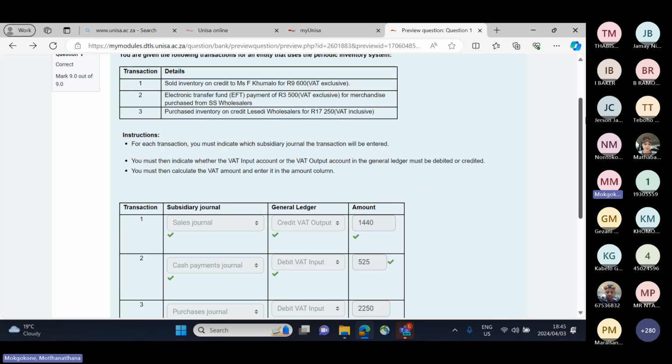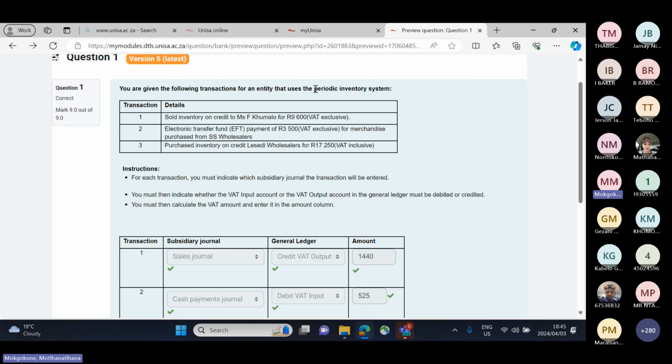Here the business is using the periodic inventory system. Because we purchased on credit, we owe Lesedi wholesalers the money. That's why Lesedi wholesalers, which is our liability, increases on the credit side.